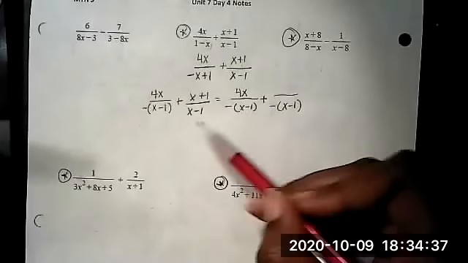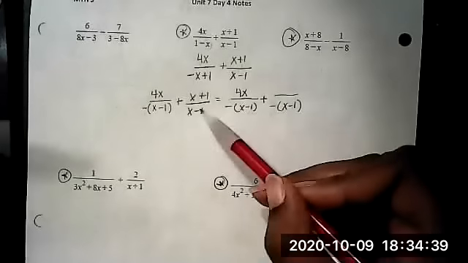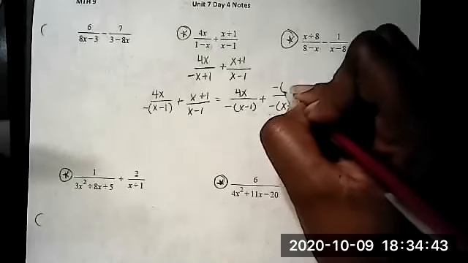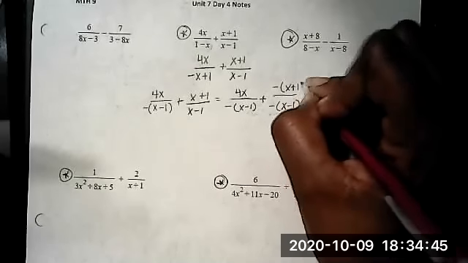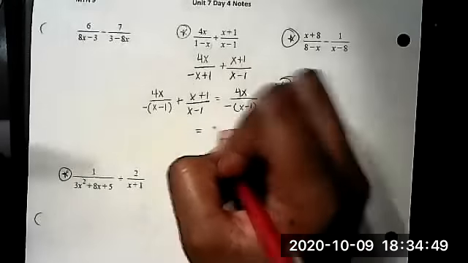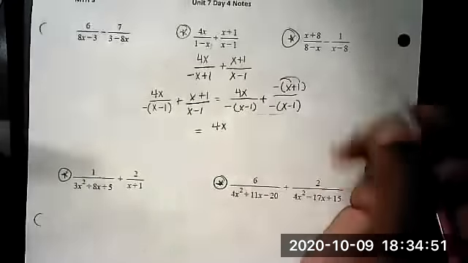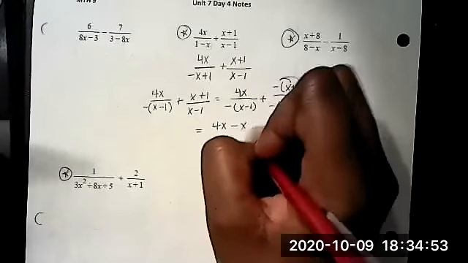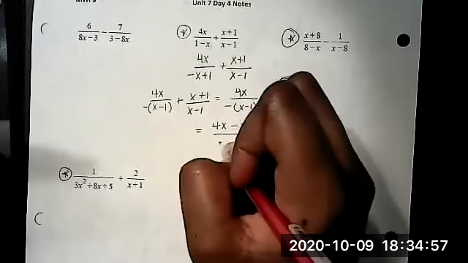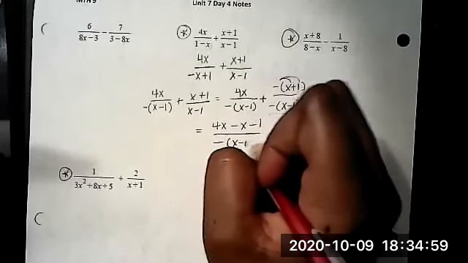But here, as you can see, I added a negative in front. So if I added a negative in front, I have to add a negative here, which is x plus 1. And of course, you're going to have to distribute that. So this becomes now 4x minus x, because it's distribute, minus 1, over negative parentheses x minus 1.